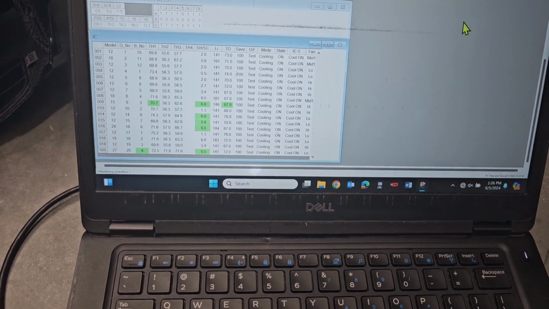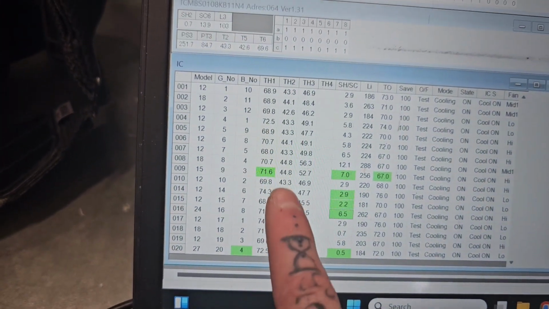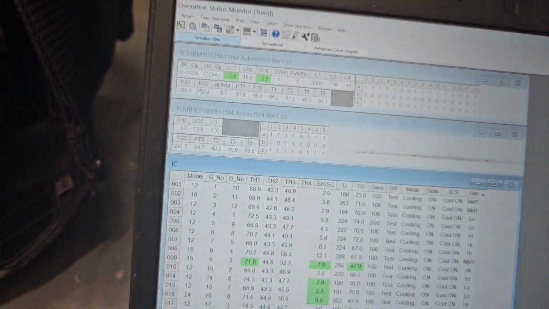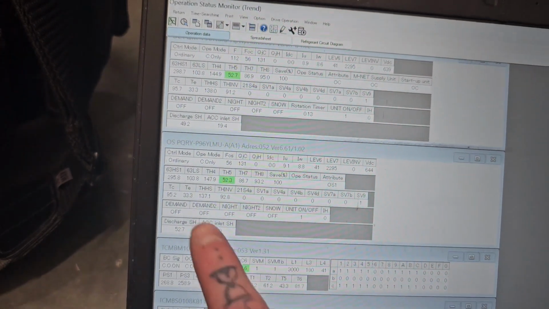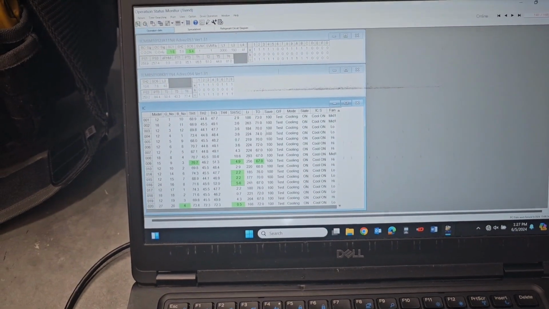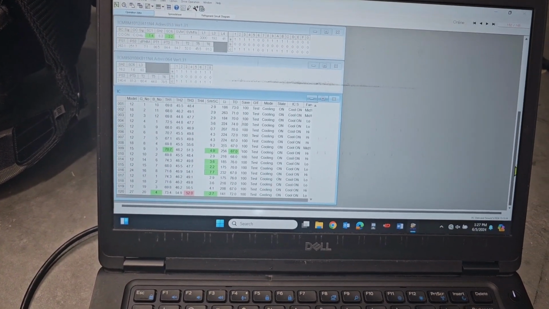So what I ended up doing is running it for a while. You can see that these 3 ports were previously closed, they're now open. I still have 16 degrees of superheat in my branch controller, but now I have more superheat in my outdoor unit. Let that run for a while, everything was looking good, and then I think it was about here.